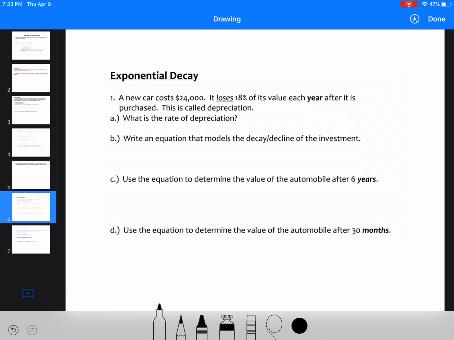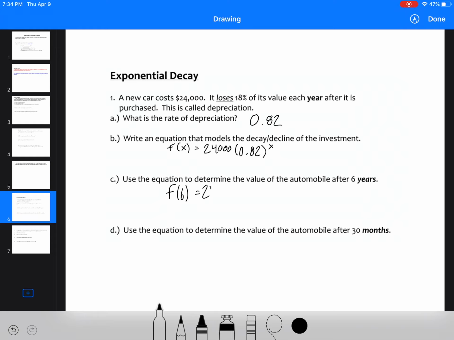Or you can do 100 minus 18 and you'd get 82. Either way, you're going to change it to 0.82. So then we want to write an equation. We're going to have f of x equals 24,000, that's the initial price of the car, times 0.82, and it's per year, so we'll just call it x.